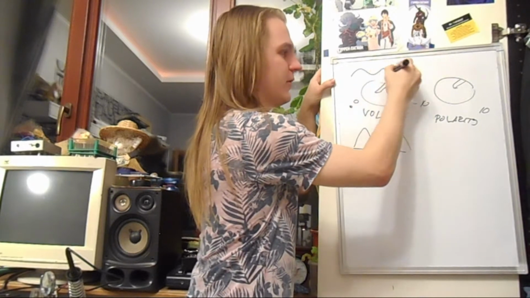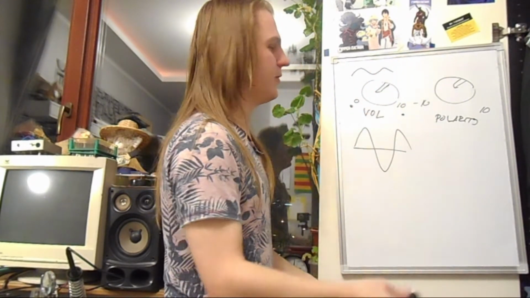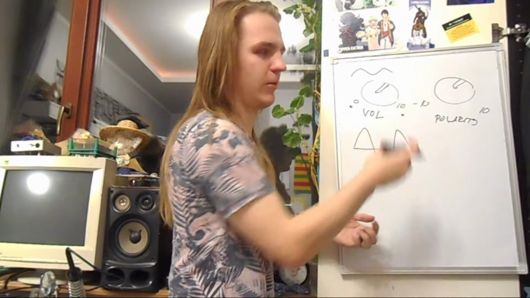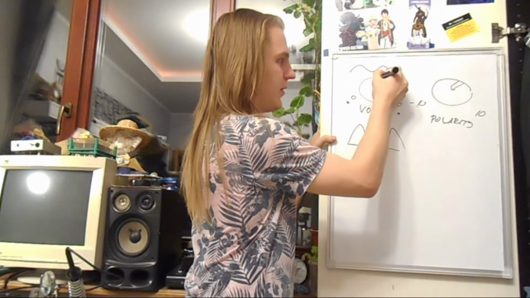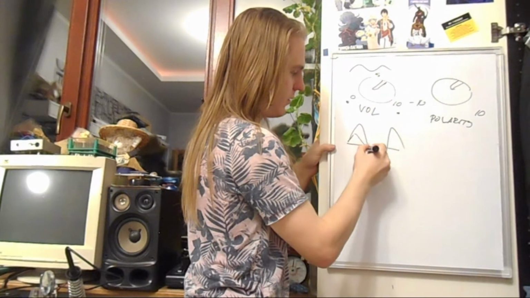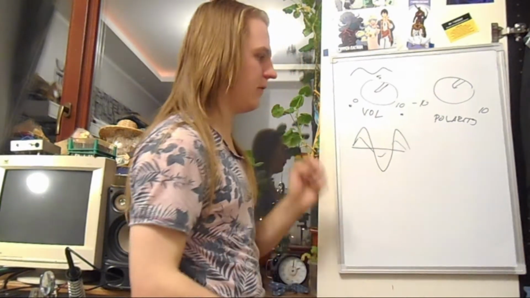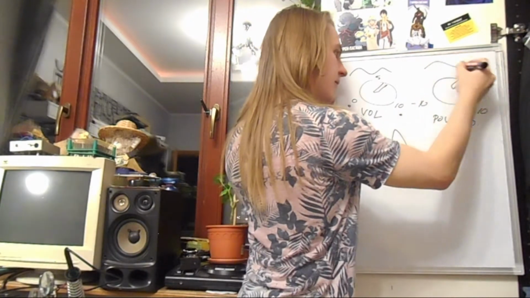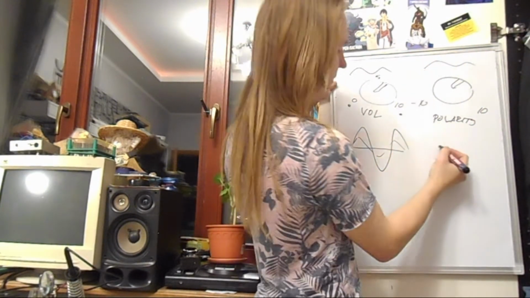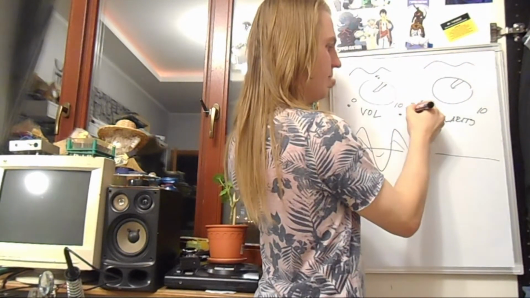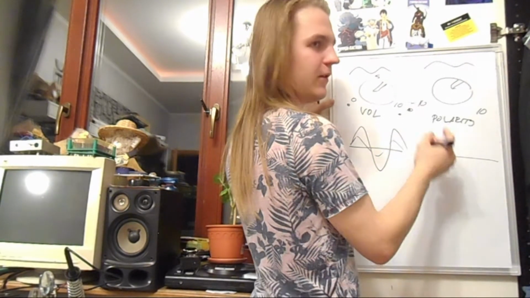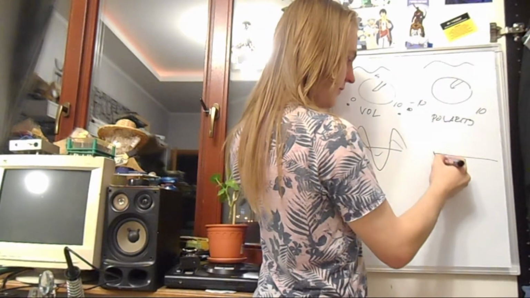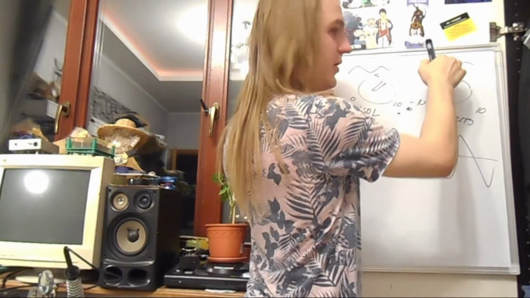If we have a sine wave at the input, or you can have a square wave and then it would be a square wave, obviously. If we set it at 5, it would be about half of that volume. But if we put our same sine wave into the polarizer, when it's at minus 10, it would give us the opposite of what we have here.